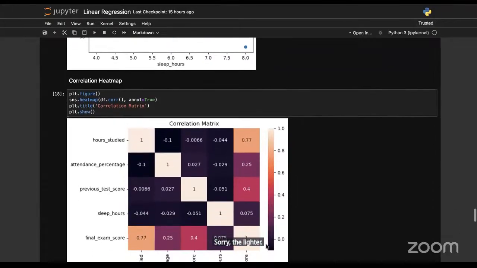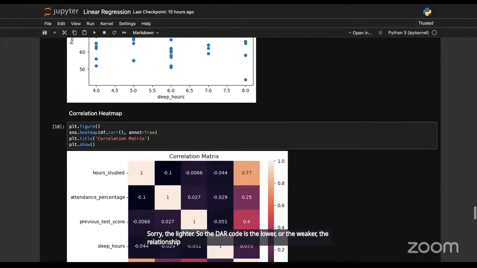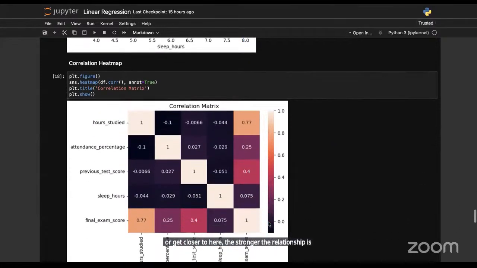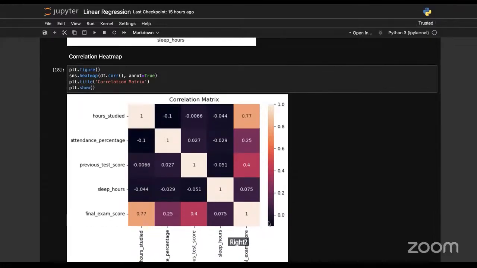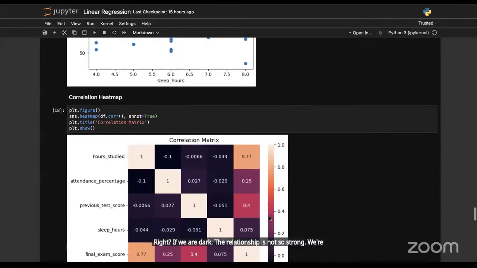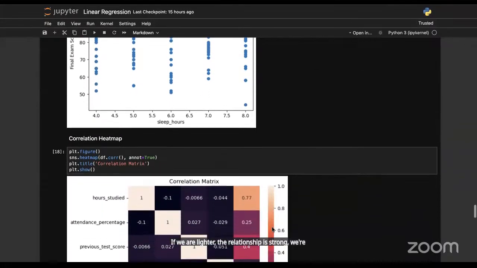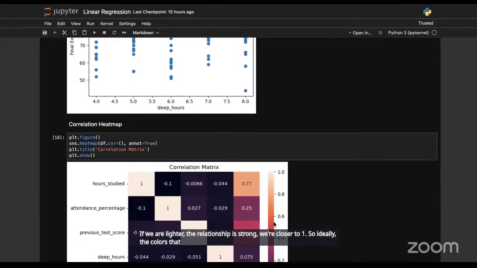The darker it is, the weaker the relationship between those variables, whereas as we get lighter, closer to here, the stronger the relationship is. So do you understand how that heat map is working, Solara? If we are dark, the relationship is not so strong, we're closer to zero. If we are lighter, the relationship is strong, we're closer to one. So ideally, the colors that we would want are somewhere around those orange colors there. Does it make sense?